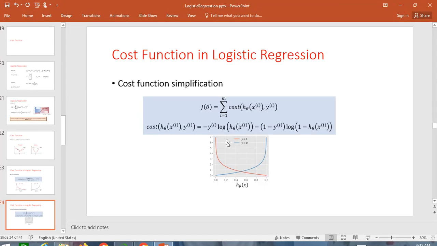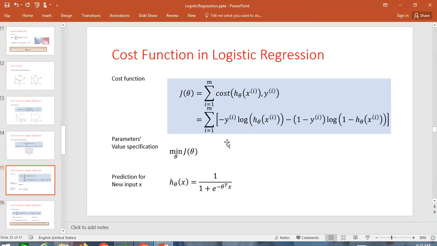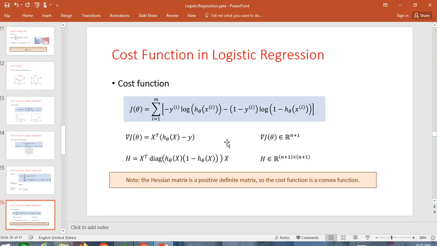In the discussion of matrices, we must prove that the Hessian matrix, which is the second differential, is a positive definite matrix. We always had this relationship in the discussion of the gradient descent algorithm. In linear regression, the form of the gradient was exactly the same.